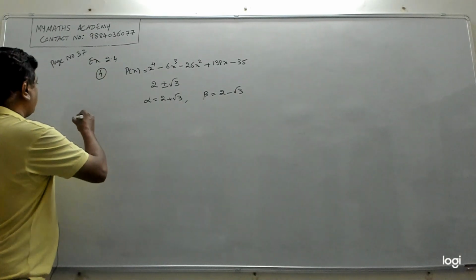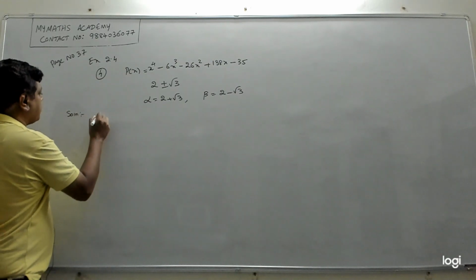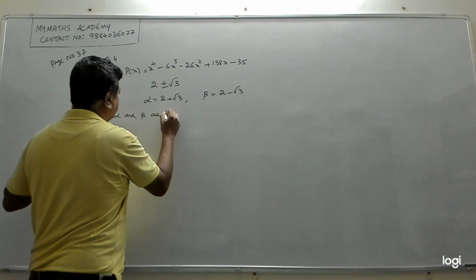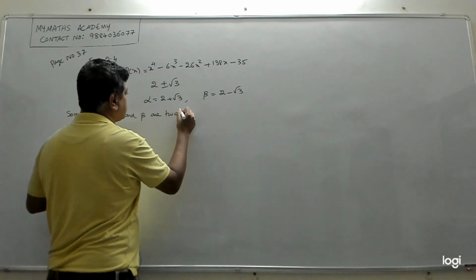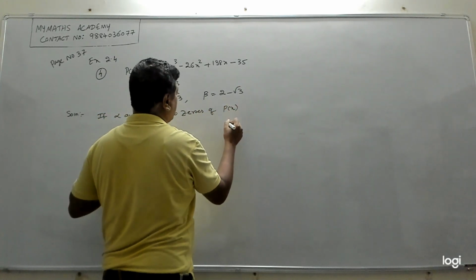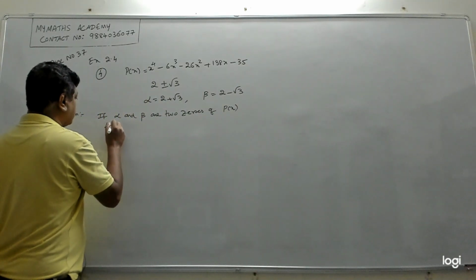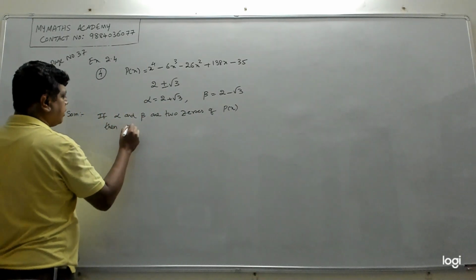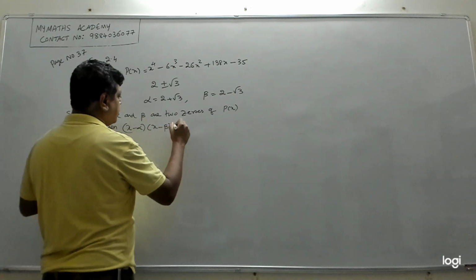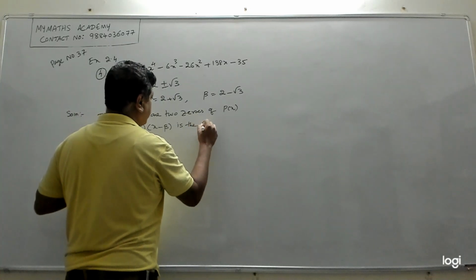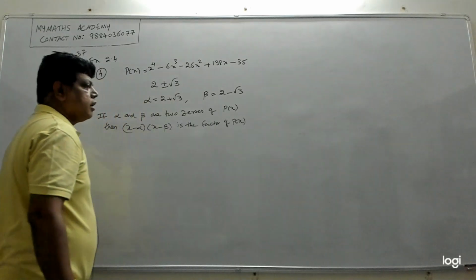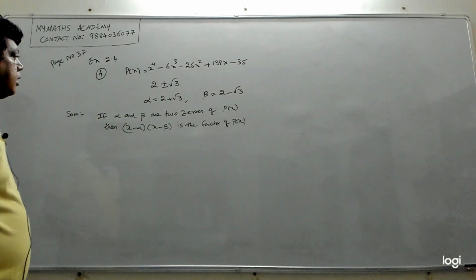Fine. So now the solution. We know that if alpha and beta are two zeros of p of x, the polynomial, then x minus alpha into x minus beta is a factor of the polynomial p of x.